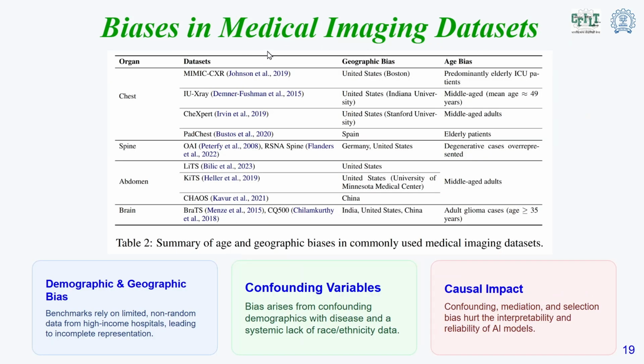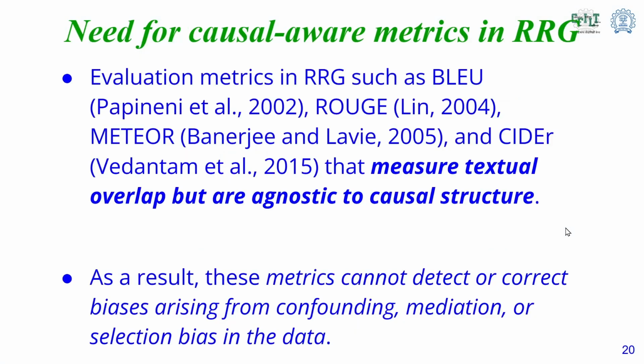In medical imaging datasets, there are various biases such as geographic bias or age bias, where we can see that only a limited amount of data is present. Similarly, for age bias, we found that only a limited range of age groups is present, which can hamper the algorithm's learning. After that, there is a need for causal aware metrics because evaluation metrics such as BLEU, ROUGE, METEOR, and CIDEr measure textual overlap but are agnostic to causal structure.